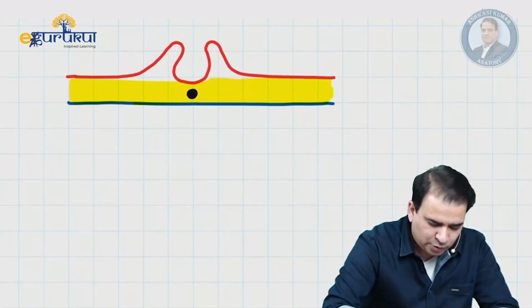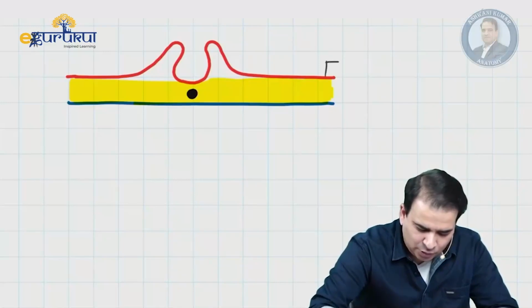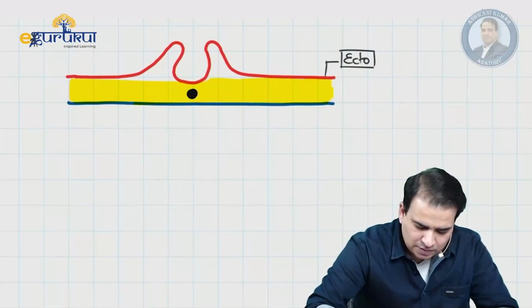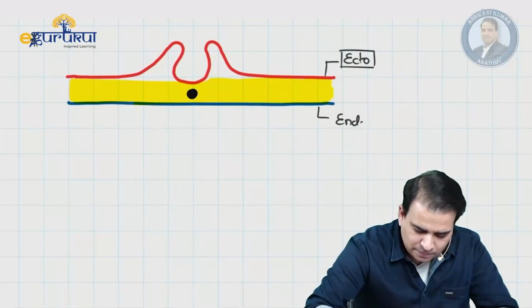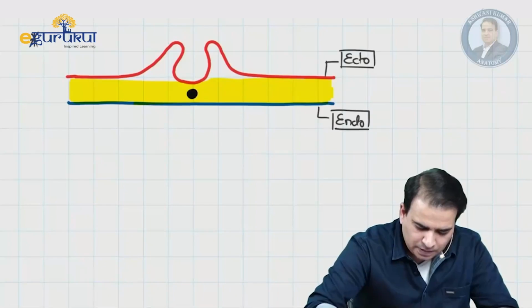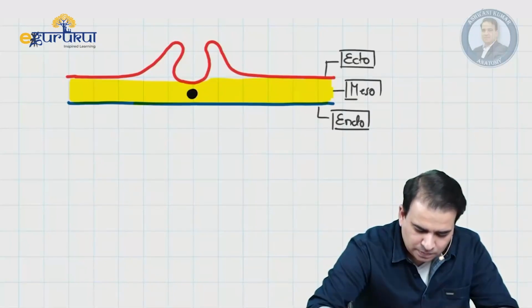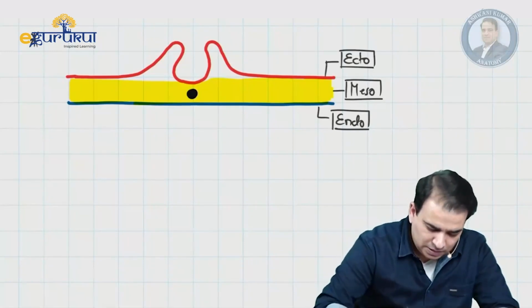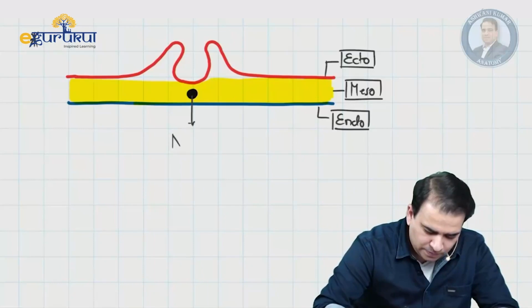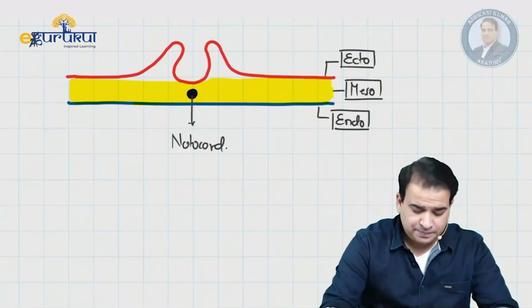I hope you are oriented to this section. This is the ectoderm part, where you can see the folds and everything. Then we got this endoderm. In the middle, that is mesoderm. This, of course, is the notochord.